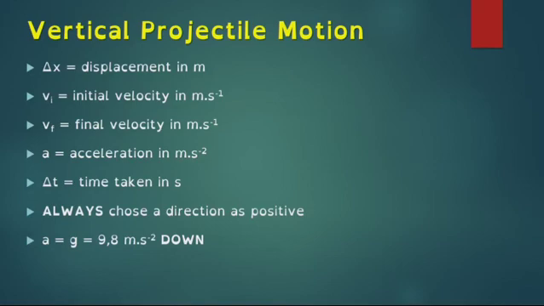And the last little thing I want to remind you of, if no one's told this to you before, the velocity at the maximum height of any vertical projectile motion is 0 meters per second. It's the point when the object has just stopped moving up and now starts moving down.